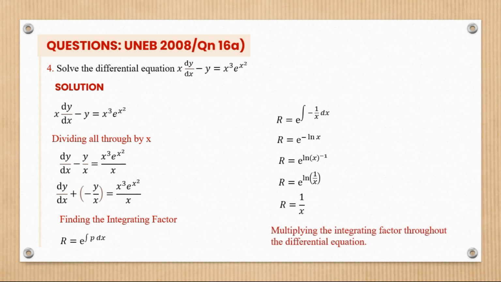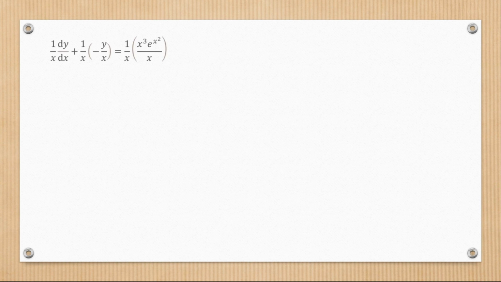So multiplying the integrating factor throughout the differential equation, we'll have 1 over x dy/dx plus 1 over x times negative y over x being equal to 1 over x, in brackets, x cubed e to the x squared over x.